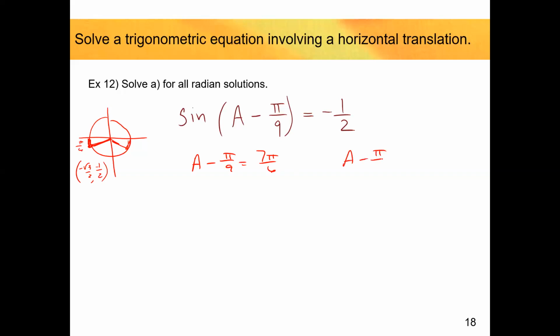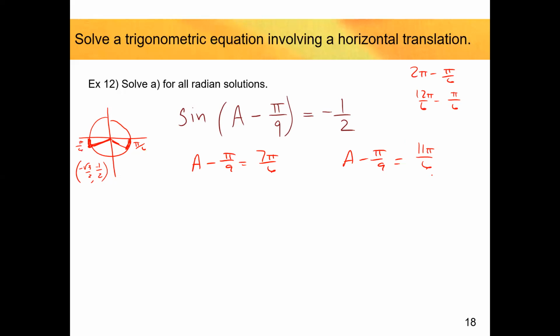A minus pi/6 is equal to, and then I got this one here again. It's just pi/6 shy of 2 pi. I'm going to go with 11 pi/6. So if you need the math behind it, it'd be 2 pi minus pi/6. Common denominator would be 6. This translates into 12 pi/6 minus 1 makes 11 pi/6.